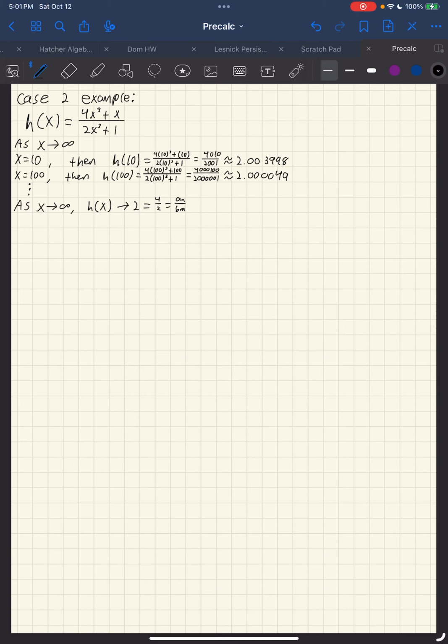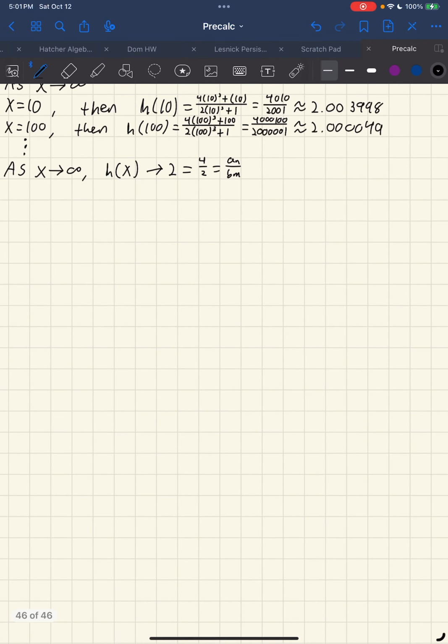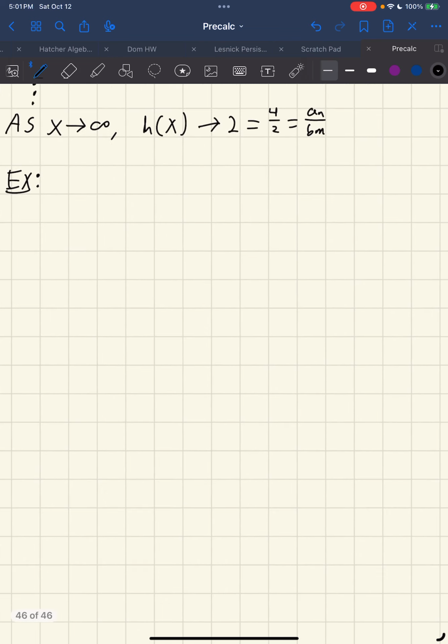Let's do an example. We'll have f of x, sure, call it f. It will be 4x plus 2 divided by x squared plus 4x minus 5.